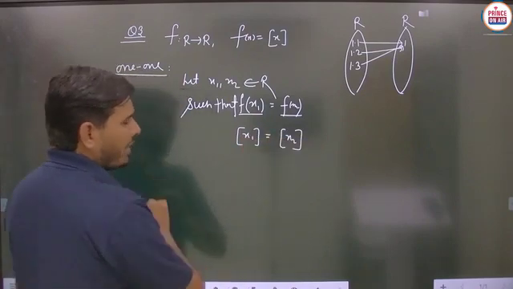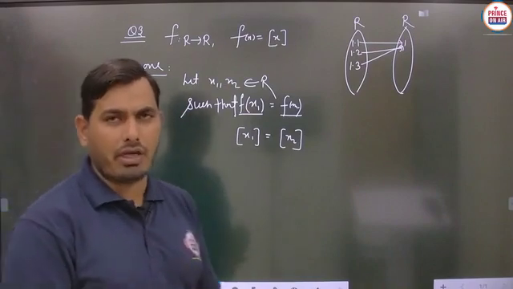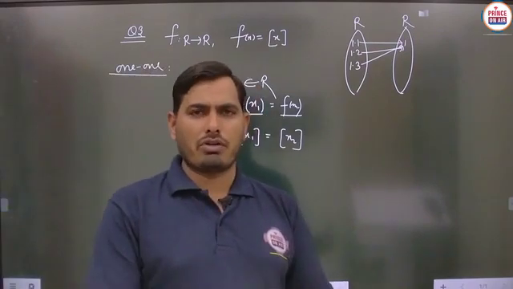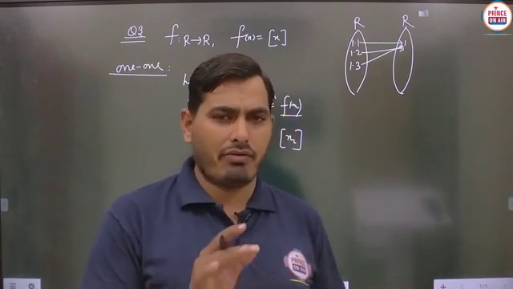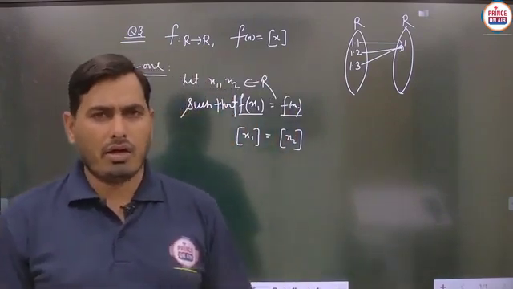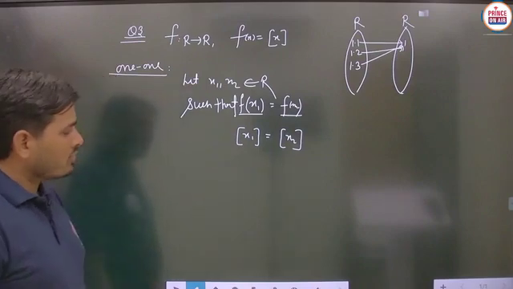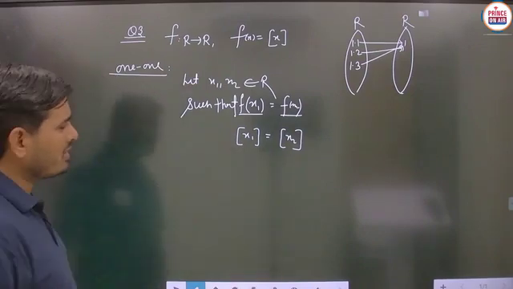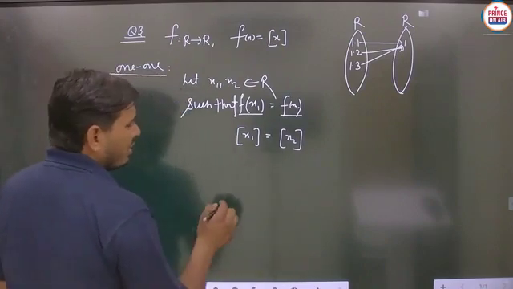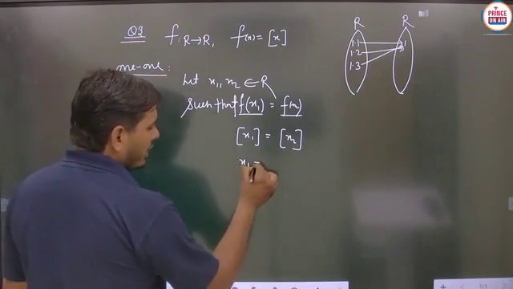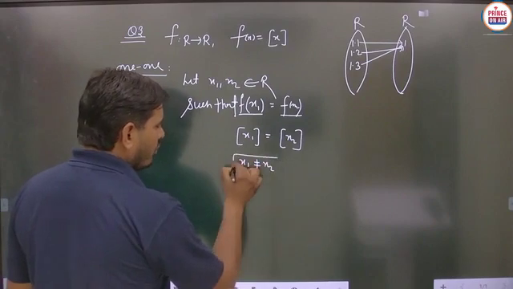Here the bracket represents the greatest integer function, and the greatest integer function will always provide an integer value, the integer given by the least value. So the greatest integers are the same, but x1 is not equal to x2. How can you say this?